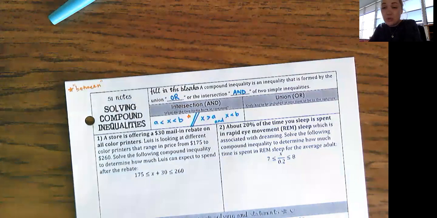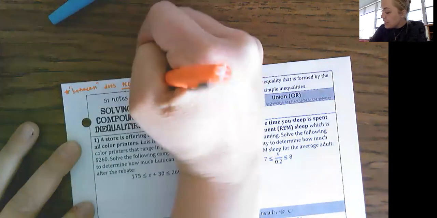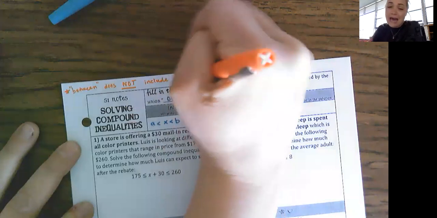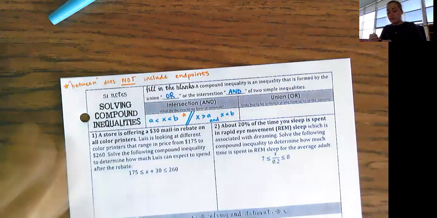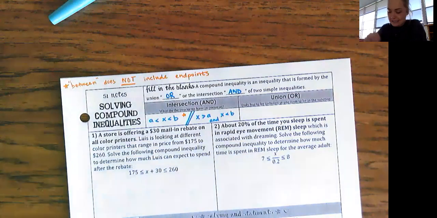Well, between does not include endpoints. So between will not have equal to's on them. Between is not equal to. All right, please don't let that screw you up on tests.